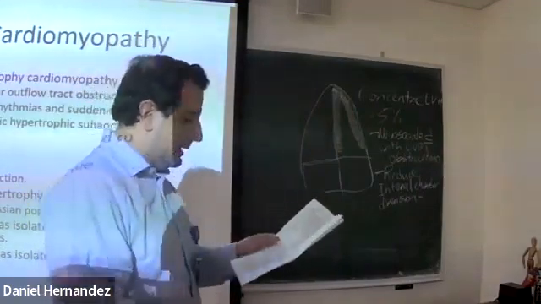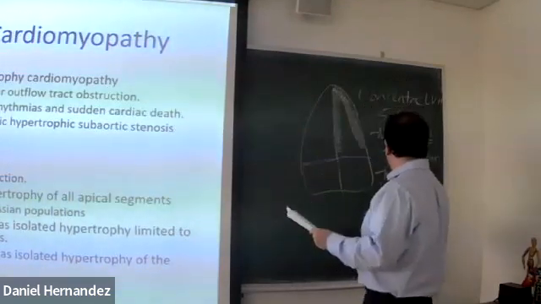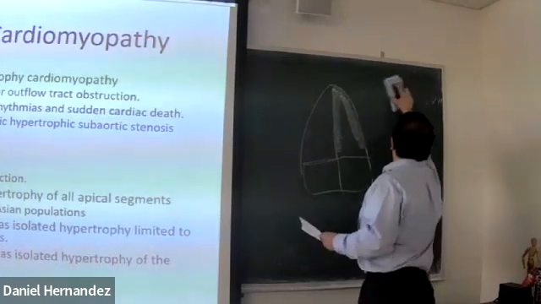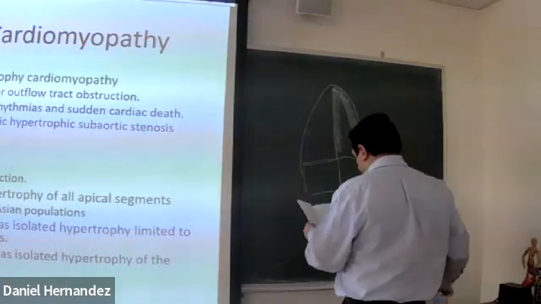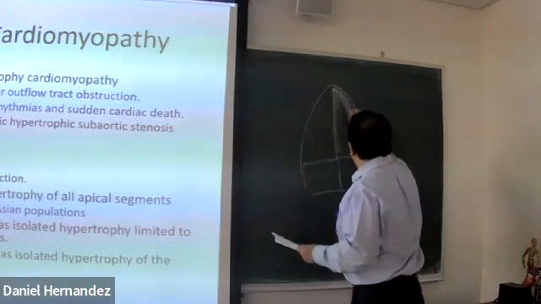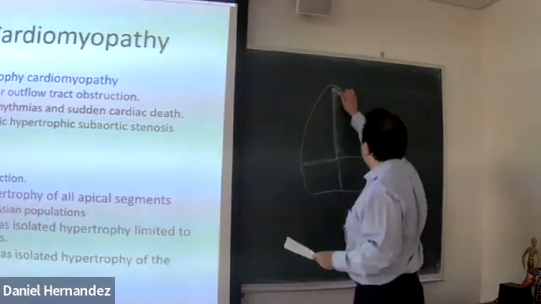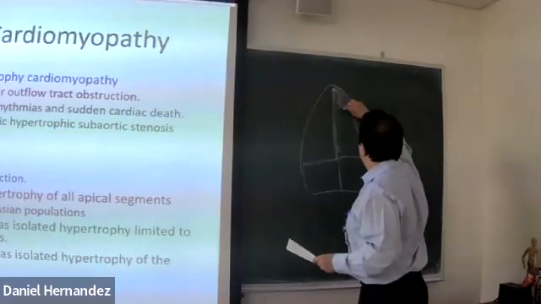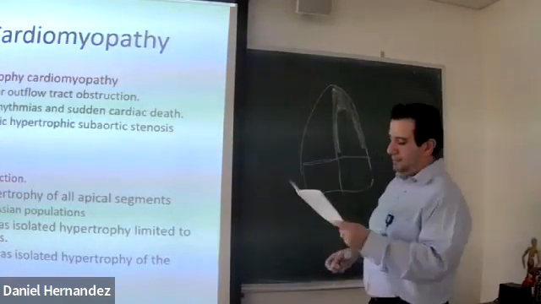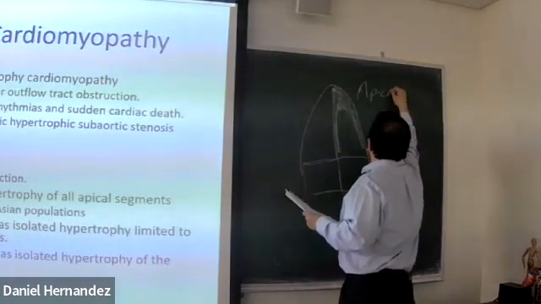So another example of hypertrophy that we can encounter is apical hypertrophy. That would be hypertrophy confined primarily to the apex of the heart. So apical is seen in about 5% of patients as well.